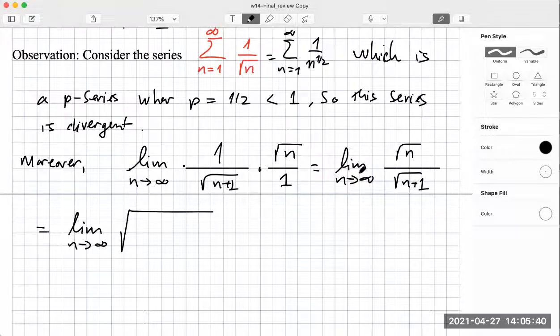Same things. We can write them all under the same radical sign, n divided by n plus 1. What should we do to find the limit of this guy?